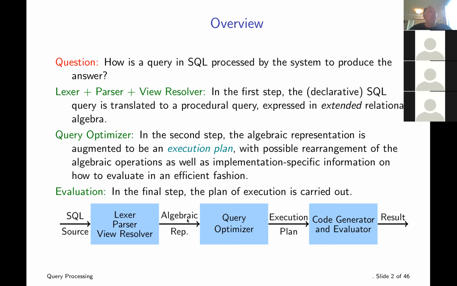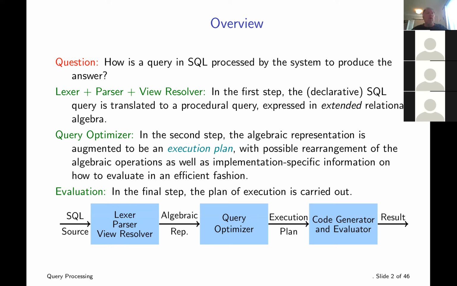Now, what happens is that when it resolved everything, that's the lexer, parser, plus view resolver. What plops out of this is an expression in, if you recall from the database 1 course, the extended relational algebra. So it's an expression in that form, in the form of a tree.